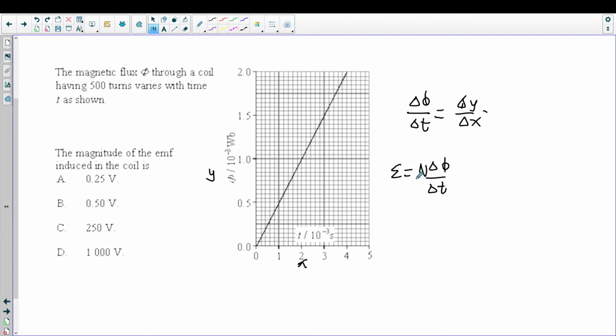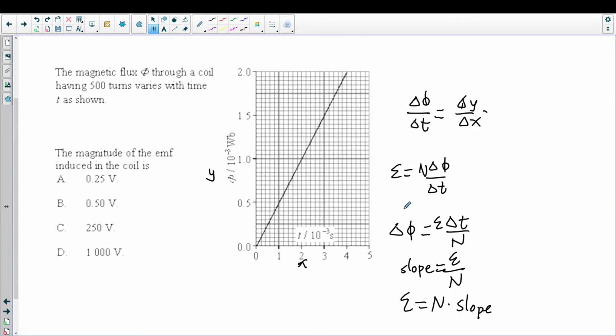So you can rearrange: delta phi is equal to delta t times EMF divided by N. So the slope is equal to EMF divided by N. Either way, EMF is equal to N times the slope.